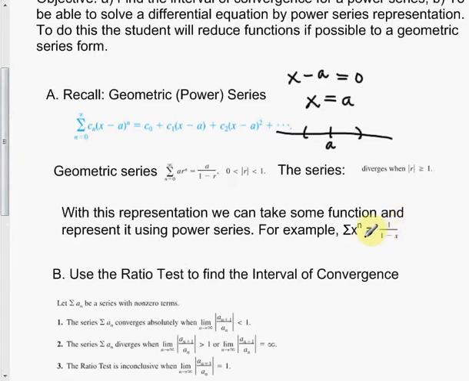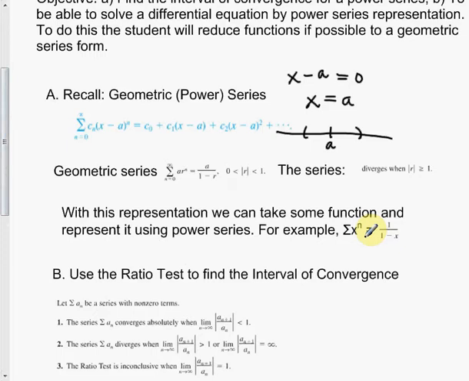Do you recall that? The summation of x to the n is equal to 1 over 1 minus x. We use that as the basic function such that we were able to write other functions utilizing this idea of a power series back in Calculus 2.